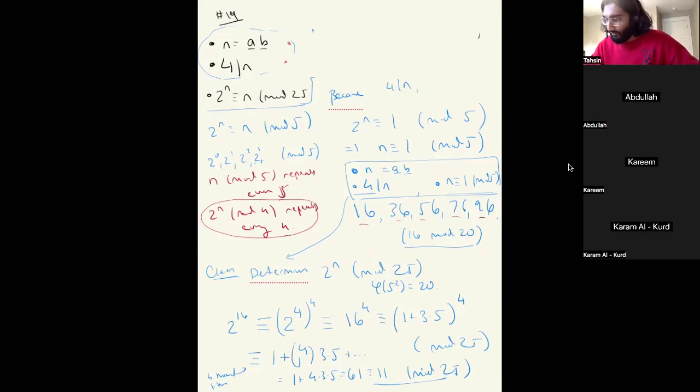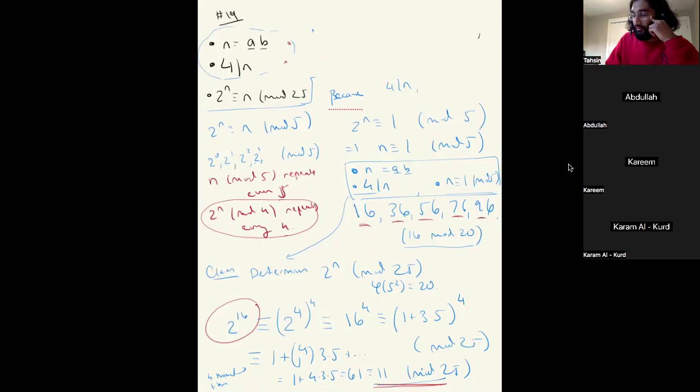We calculated that 2 to the power of 16 is 11 mod 25. And since the powers of 2 repeat every 20 mod 25, all of these numbers, when you take 2 to that power, will be 11 mod 25. So we just need to decide which of these numbers is 11 mod 25.